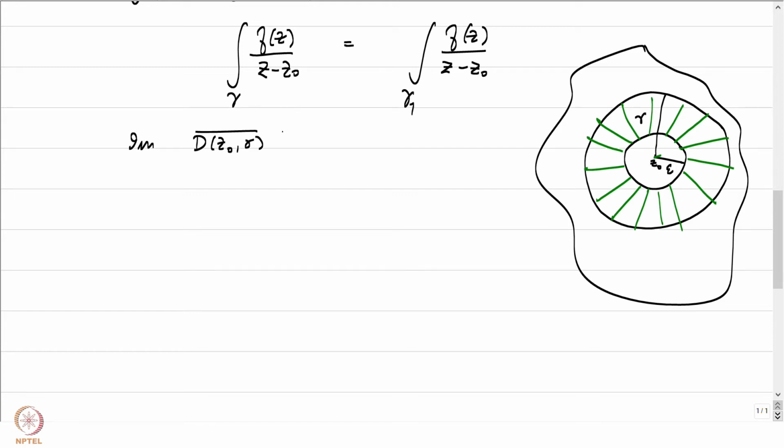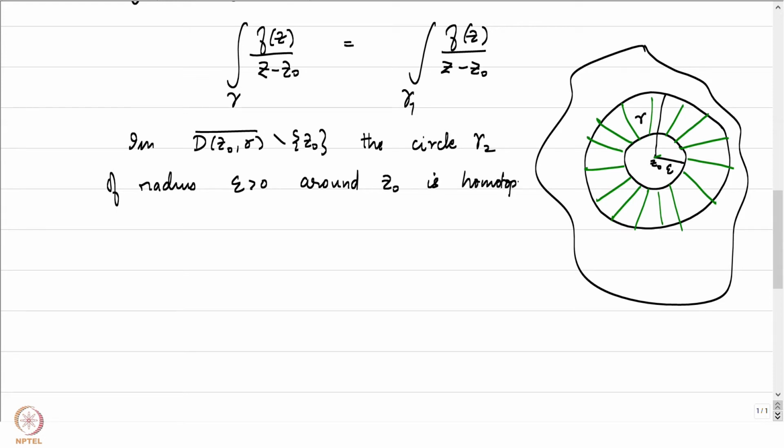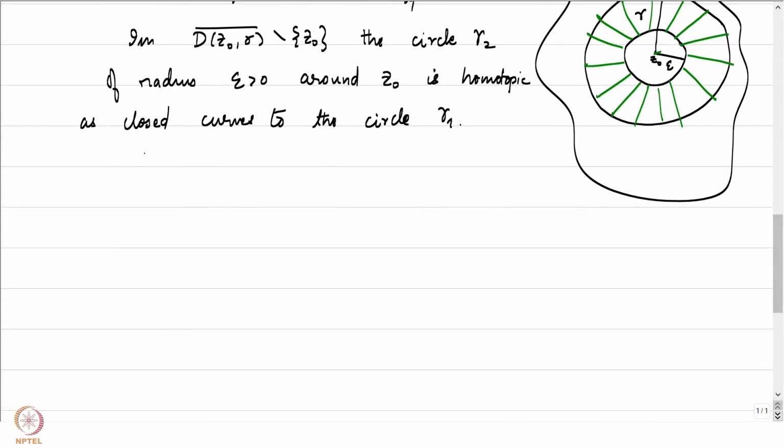In the punctured disk, the circle gamma 2 of radius epsilon around z naught is homotopic as closed curves to the circle gamma 1, and hence again by Cauchy's theorem the integral of f of z by z minus z naught over gamma 1 is the same as the integral of f of z by z minus z naught over gamma.